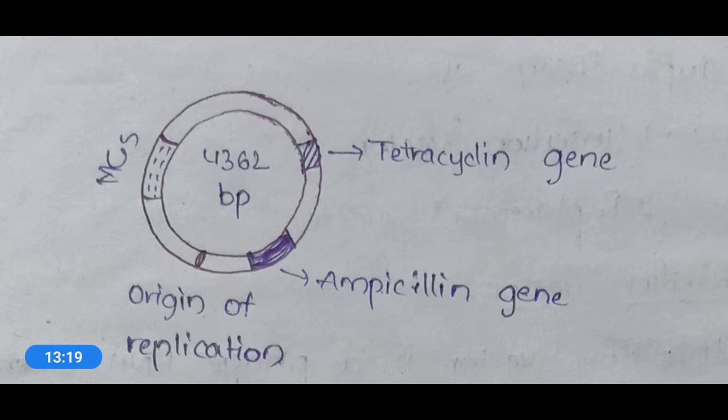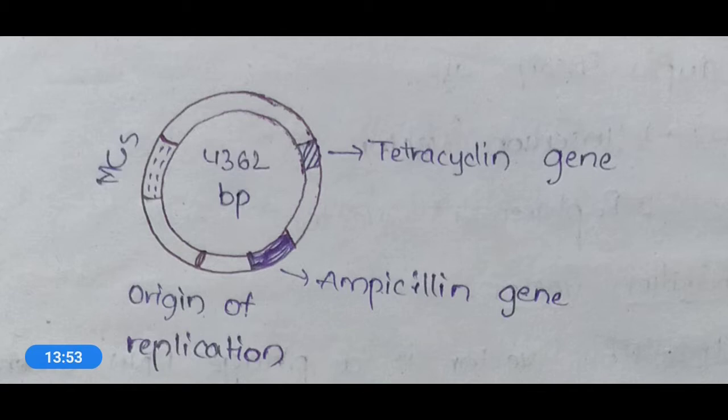Simply, we alter genes in an organism or alter plasmids. So all alterations related to genetics are studied in genetic engineering, and here we can even produce artificial plasmids. The best example is pBR322. It is an artificial plasmid.